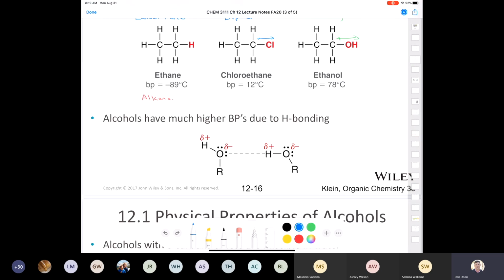Nothing more than the ability of an atom to pull electron density towards itself in a bond. And so it's delta negative or partially negative, and then you have partial positive, and then you draw the hydrogen bond as a dashed line like is shown here, and you draw it between a lone pair and a hydrogen atom. Okay, so if you were to draw, let's say you threw in another alcohol over here, threw in some lone pairs, right? You would draw something like that, okay?